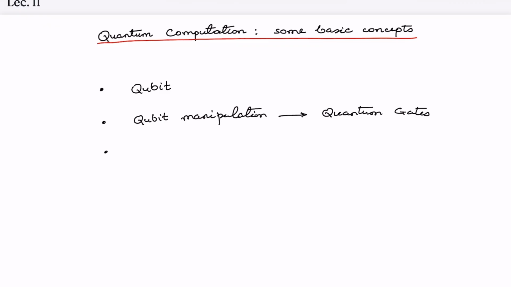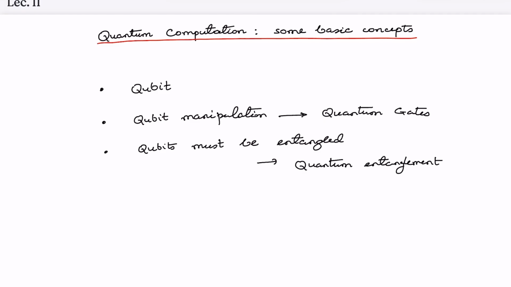And finally, for quantum computation to be effective, all these qubits must be entangled. To address this fact, I am going to discuss briefly the phenomenon of quantum entanglement in the context of quantum computation.